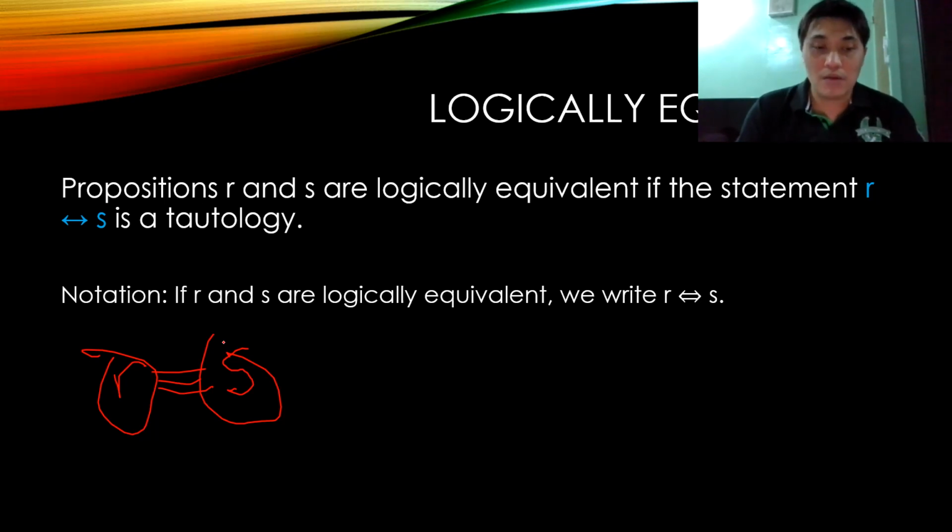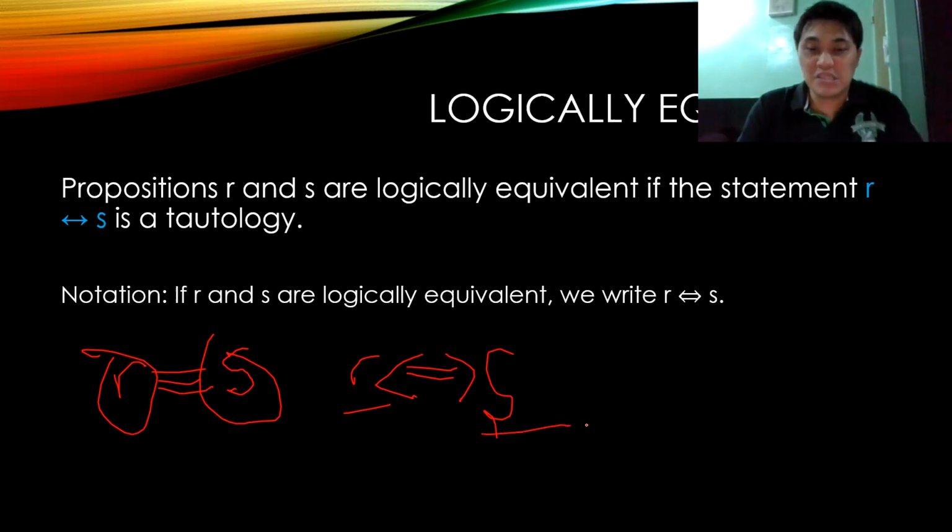Notice the new symbol R logically equivalent to S, which is used to denote that R and S are logically equivalent. This is defined to mean the statement R is logically equivalent to S is a tautology.